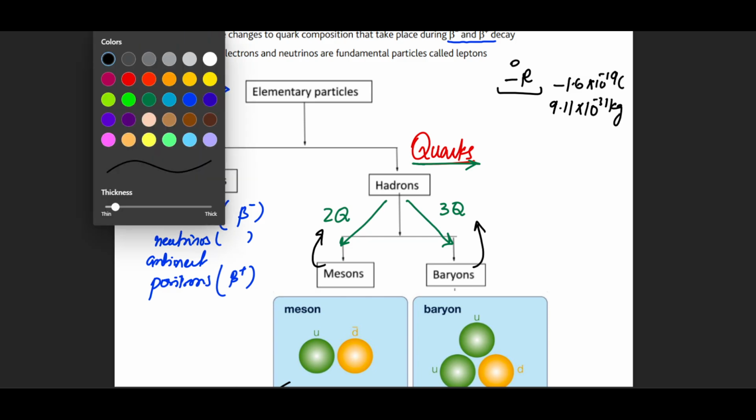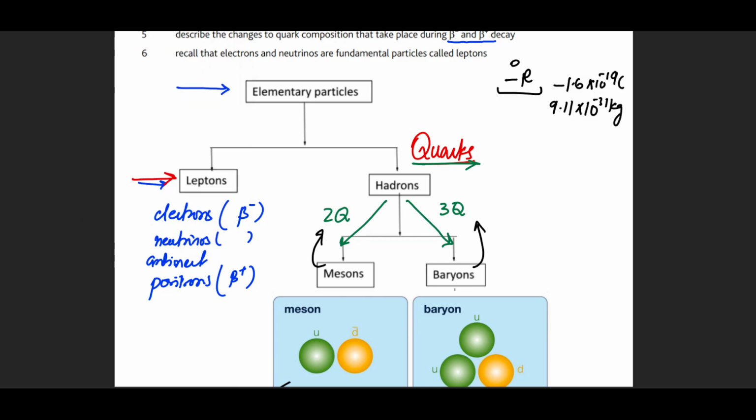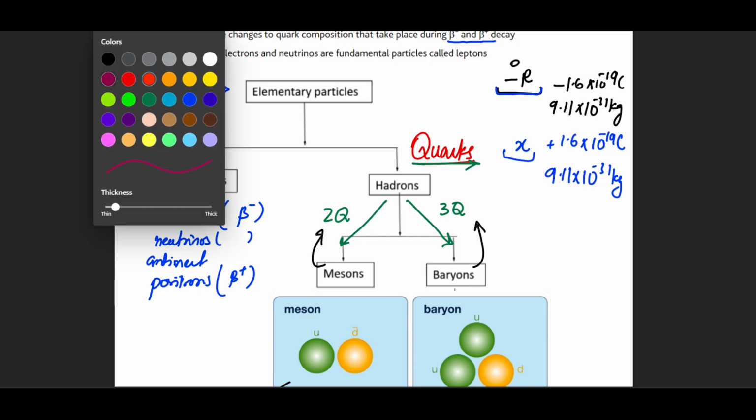This is also mentioned in your data booklet when you start your paper. Let's say we have another particle, and we don't know what it is. It has the same mass as the electron, 10 to the minus 31 kg, but it has a positive charge, opposite to the electron. So matter and antimatter, what's connecting them? What's similar between them?